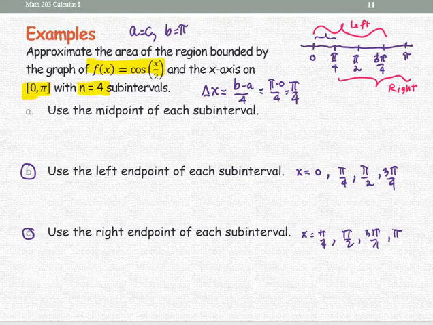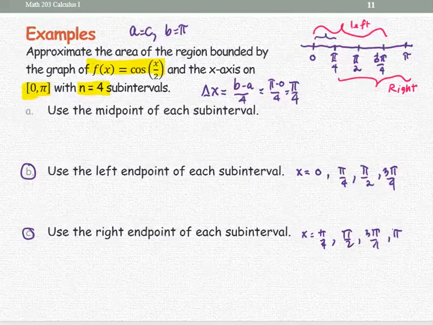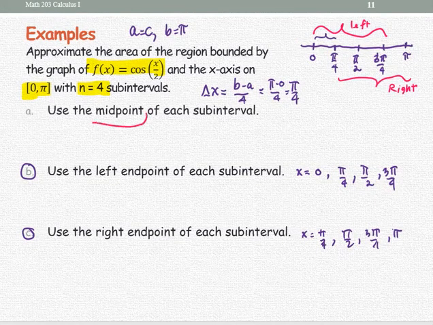Now, how about the midpoint? Let's name them x1 bar, x2 bar, x3 bar, and x4 bar. How do we find x1 bar?